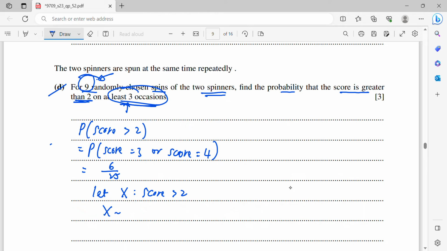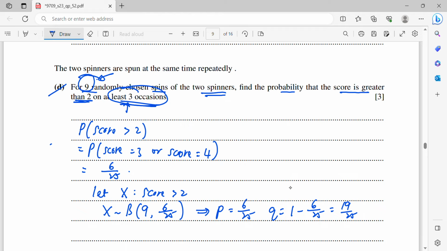So X is binomially distributed. N is 9 because you spin 9 times. The probability of success P is 6 over 25. So Q is 1 minus 6 over 25, and I get 19 over 25.